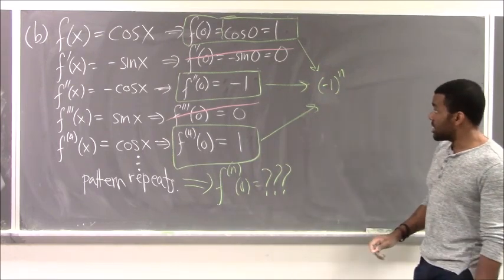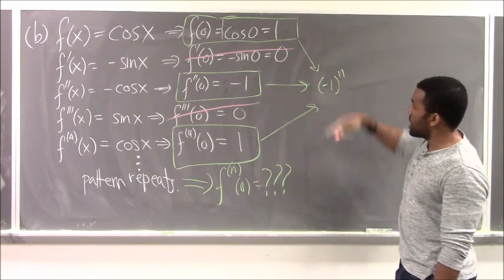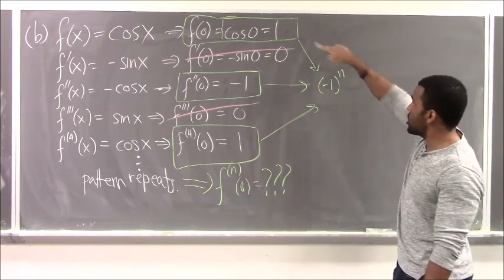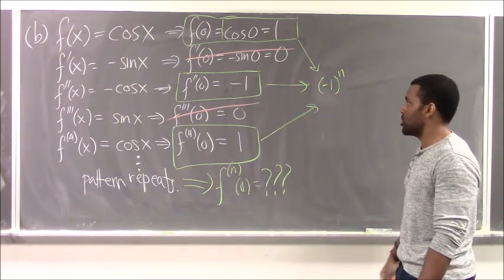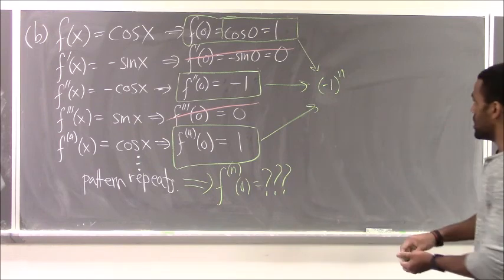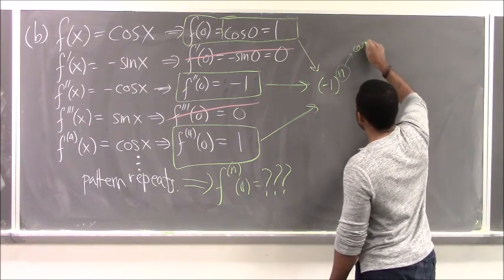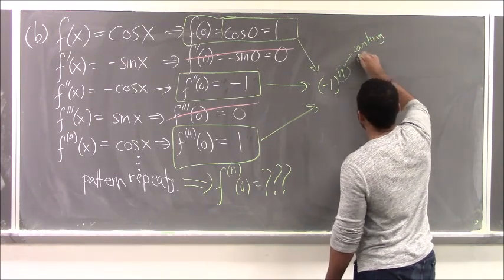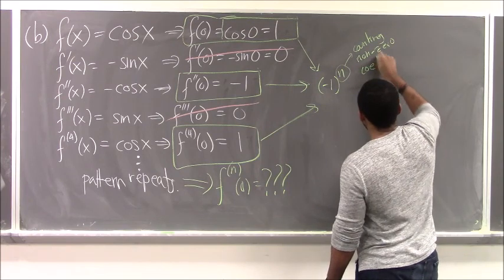Once we're not at the 0 points, things just change like -1 to the n. When n is 0, you get 1. When n is 1, when n is 2, you get -1, and so on. So if I ignore these guys, here my n is counting non-zero coefficients.